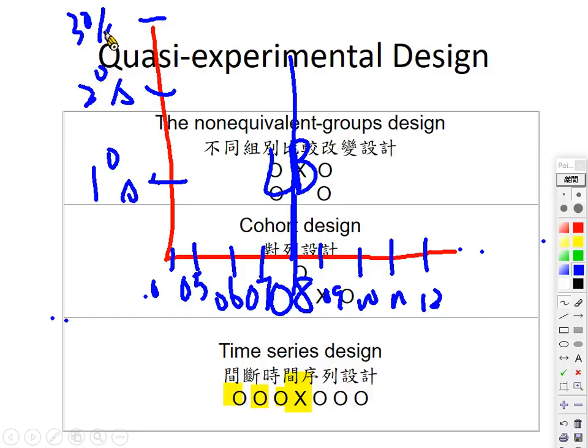Before the bankruptcy of Lehman Brothers, we collect a series of data, and we found out that the average growth rate worldwide is around 2.5. This is one observation, and even at the time of Lehman Brothers, that is one observation. Okay. And after the treatment of Lehman Brothers, we have another set of observations.